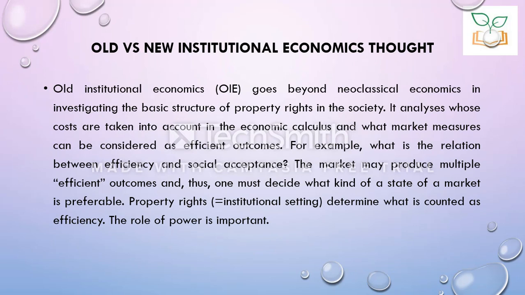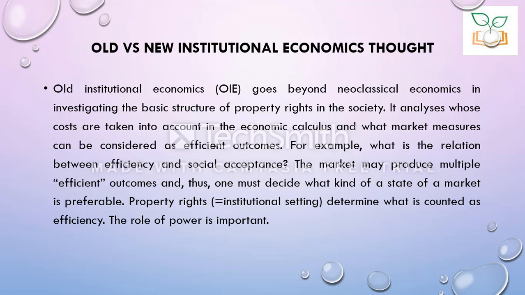If we compare the old versus new institutional economic thought, what is the old? Those who follow the old institutional economics go beyond the neoclassical economics in investigating the basic structure of property rights in society. It analyzes whose costs are taken into account in the economic calculus and what market measures can be considered as efficient outcomes. For example, what is the relation between efficiency and social acceptance?